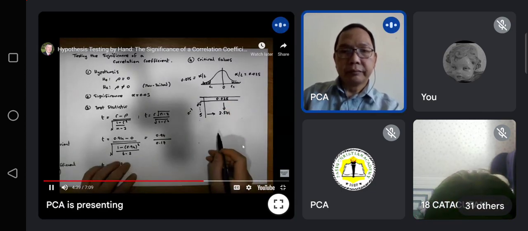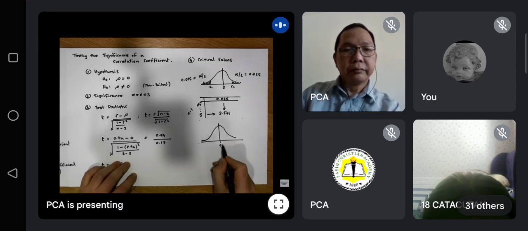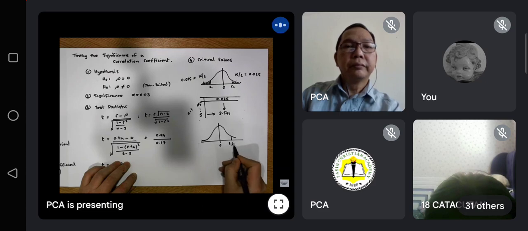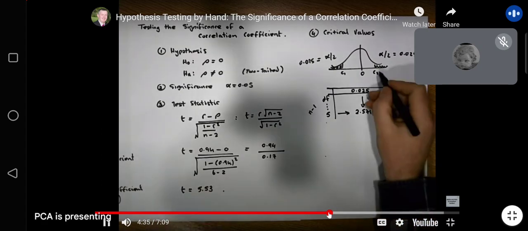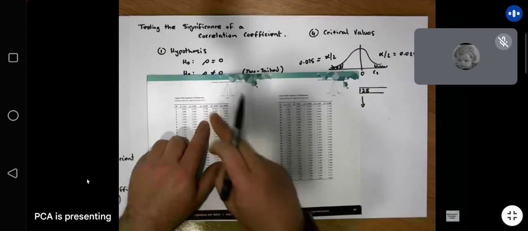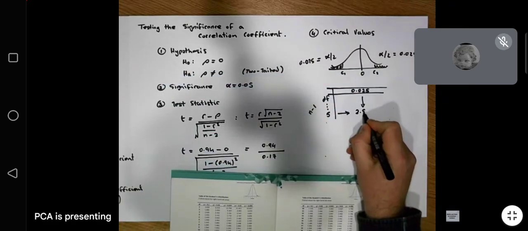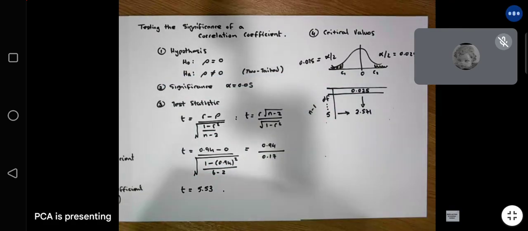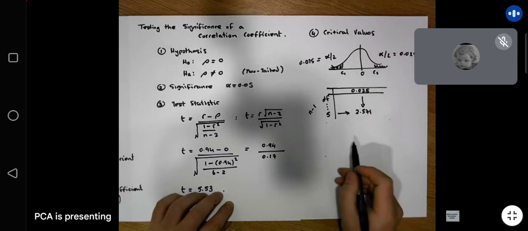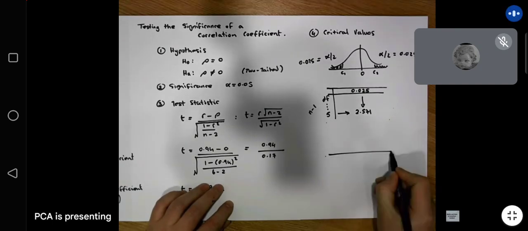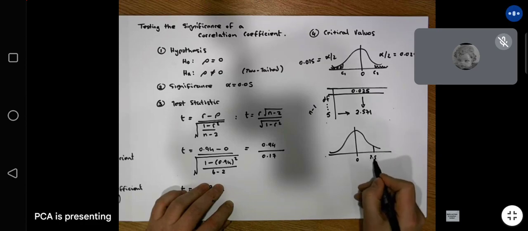So if we look at this in a little bit more detail, what we're saying is that this value here is 2.571.